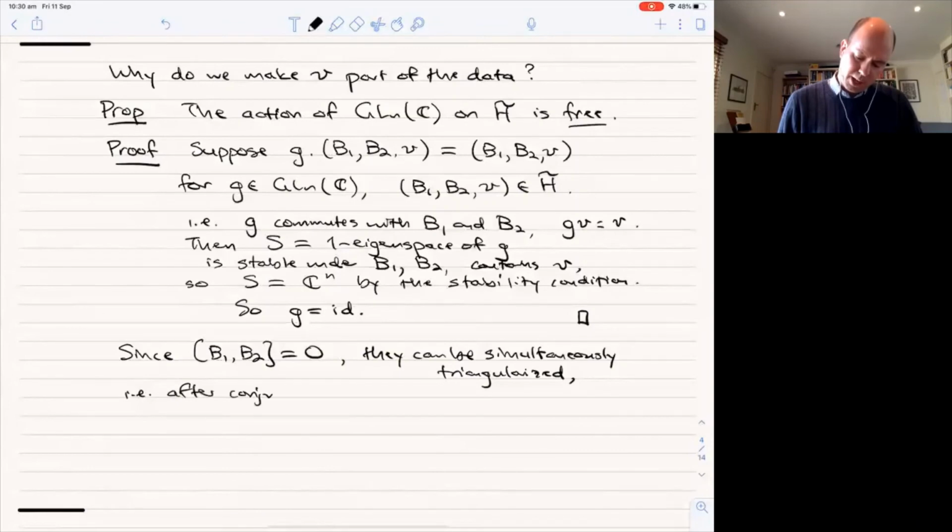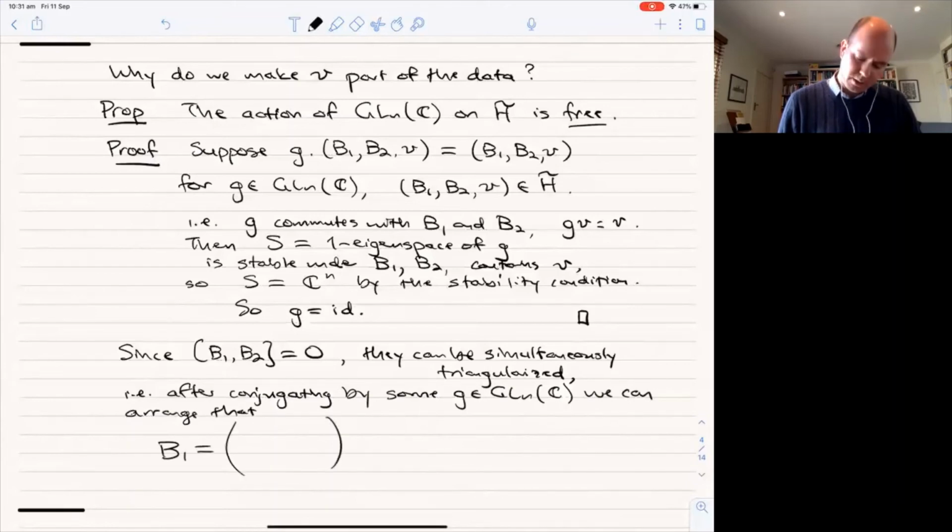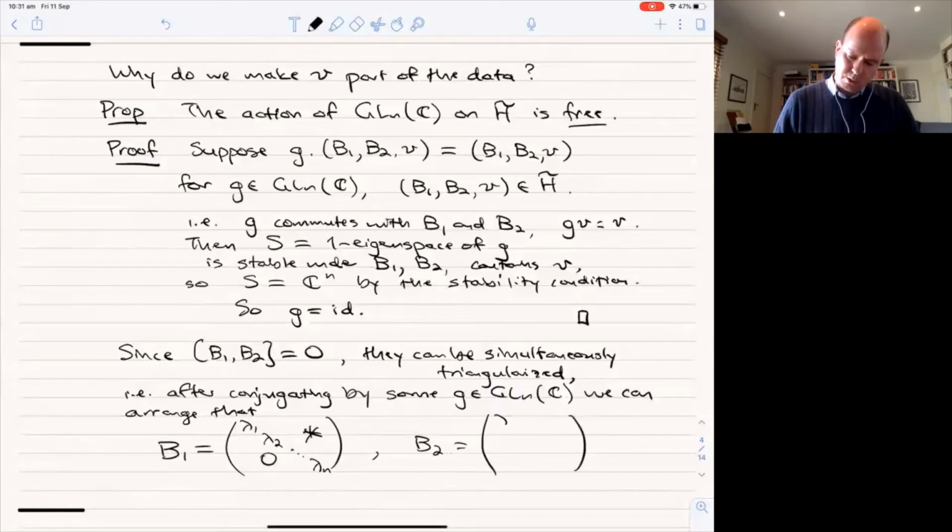So after conjugating by some element of GLN(C), we can arrange that B1 is upper triangular with some diagonal entries lambda 1 through lambda n, and B2 is upper triangular with some diagonal entries mu 1 through mu n, some stuff above the diagonal, and 0 down here.